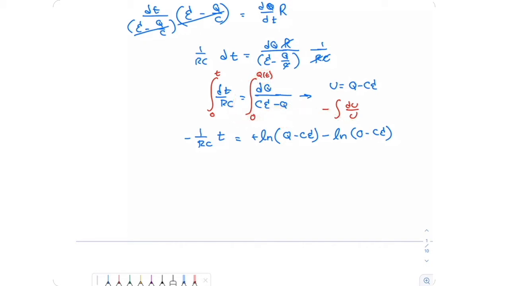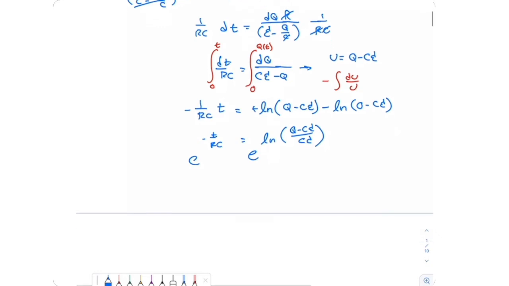And when I subtract natural logs, that's equivalent to taking the ratio of those natural logs. And now I can take e and raise it to both sides. And that will work out a little better for me.